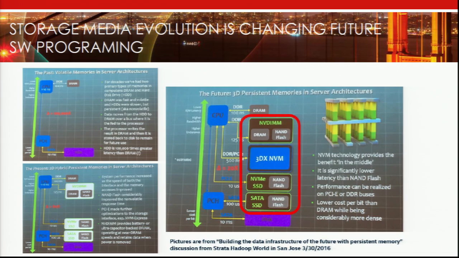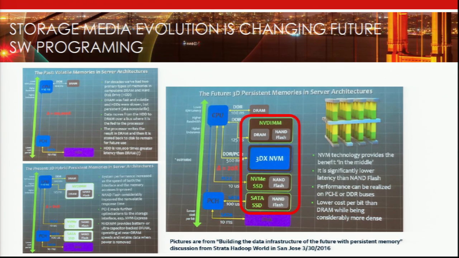So the memory hierarchy becomes vertical, and this is showing up over here. I have this chart: on the left is before, this is the current, and this is the future. This graph comes from Strata Hadoop World on March 30, and I think the presenter was from Micron.